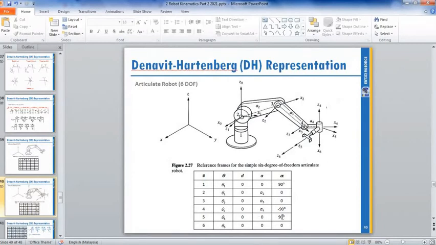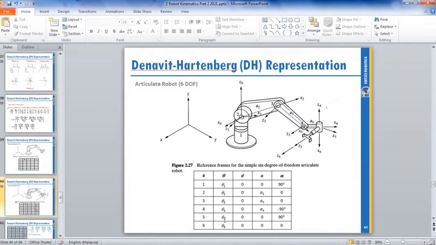You see Z4 from vertical goes back to horizontal. That means you are rotating X by 5, 90 degrees. Because if you're rotating this way, that means counterclockwise. So you get 90 degrees.